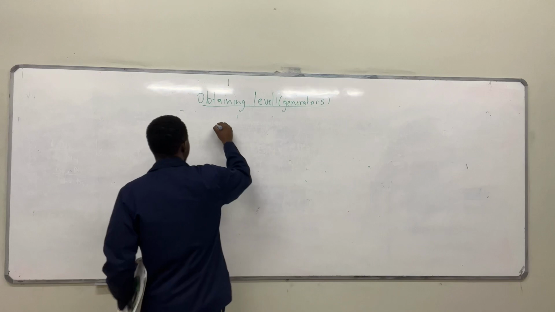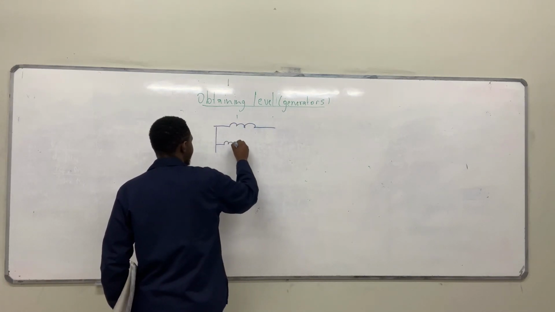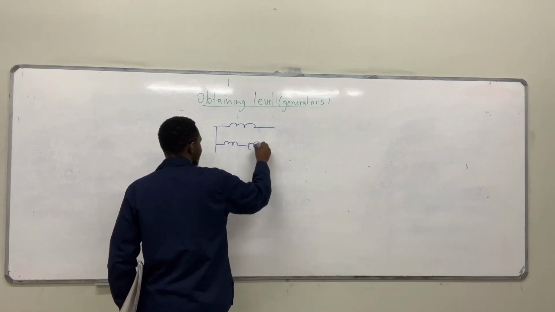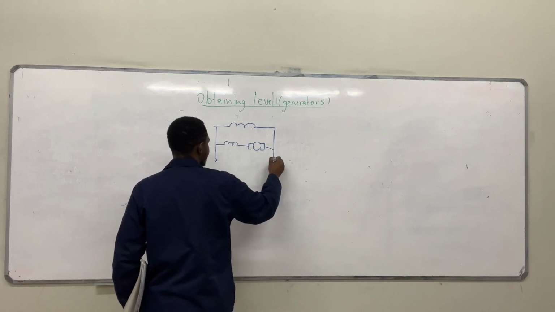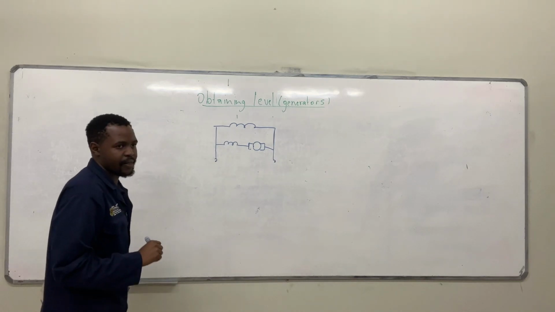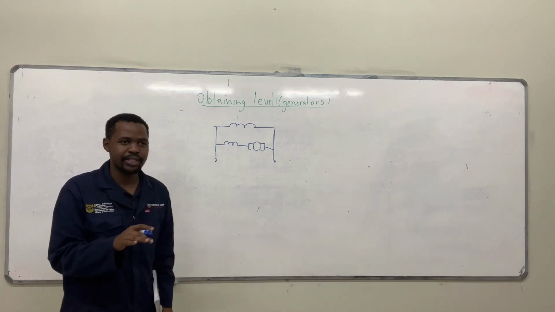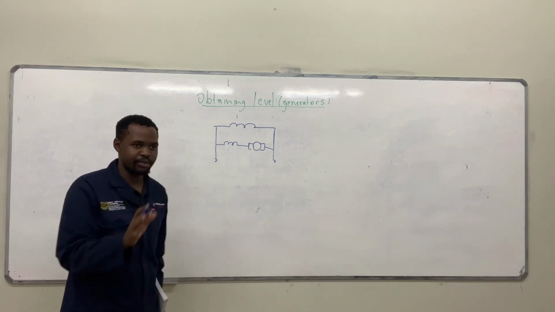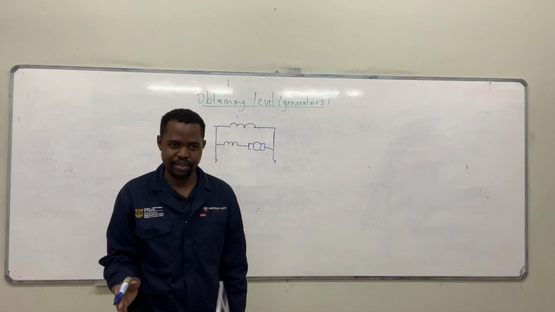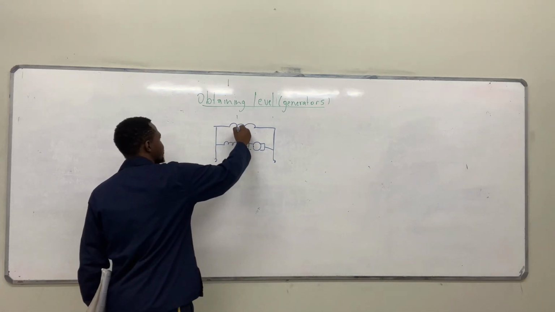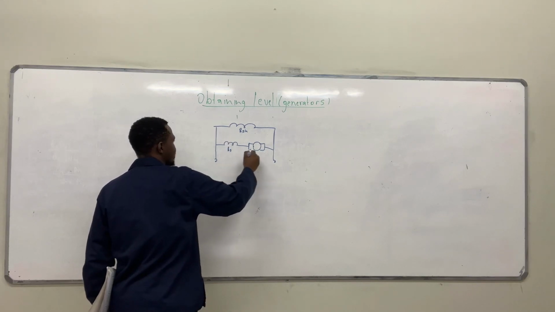That is the shunt field winding and the series field winding. I'm just explaining this for calculation purposes. There is a lot of theory behind all of this, which I don't want to go too deep into because we don't have time.